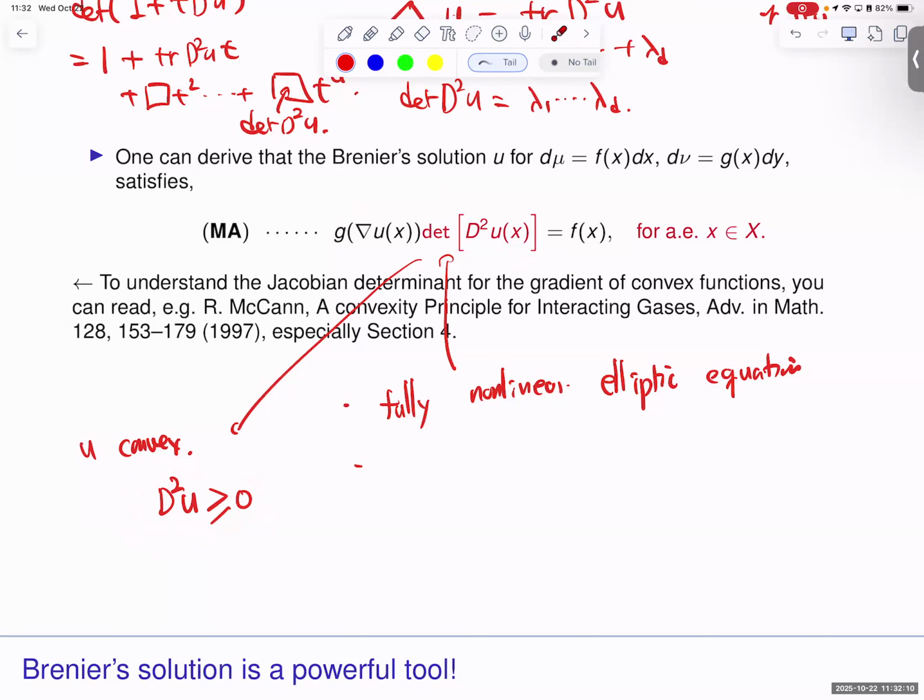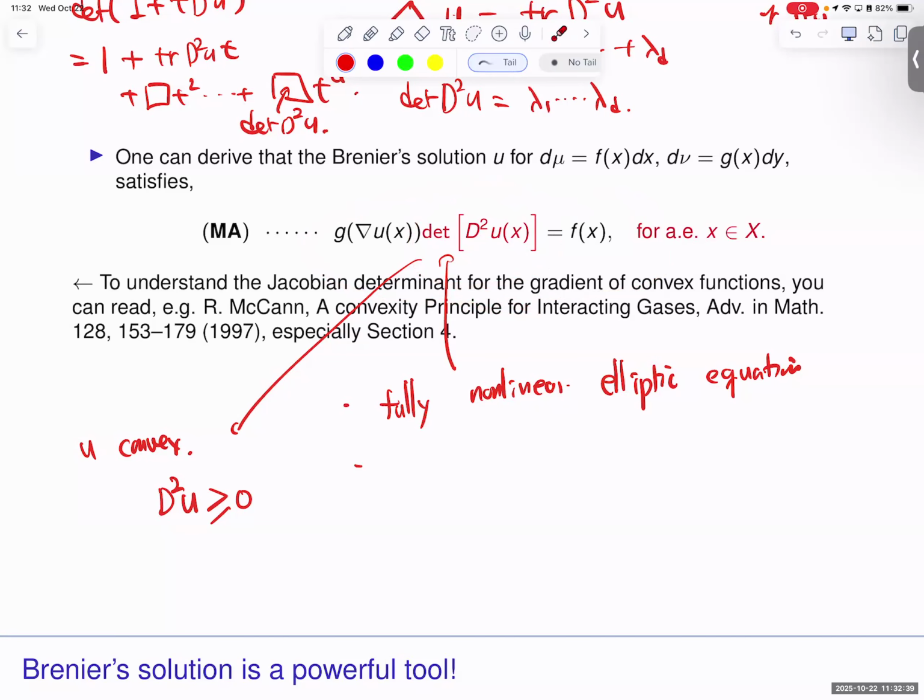So if you open a book on fully nonlinear elliptic PDE, one of the most important examples is the Monge-Ampère equation. And to tell you maybe an interesting story: you can consider this kind of Monge-Ampère equation in complex analysis too.